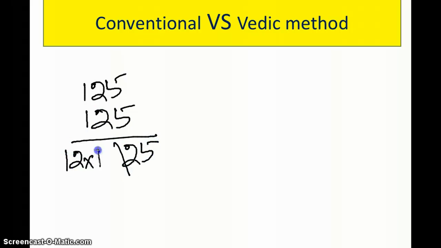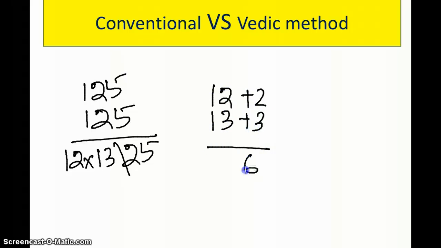However much time it takes to multiply 12 into 13, that much time it will take. Applying our previous technique, this is 2 more than 10, this is 3 more than 10, 3 2s are 6, 12 plus 3 is 15. So 156, and the answer is 15625.